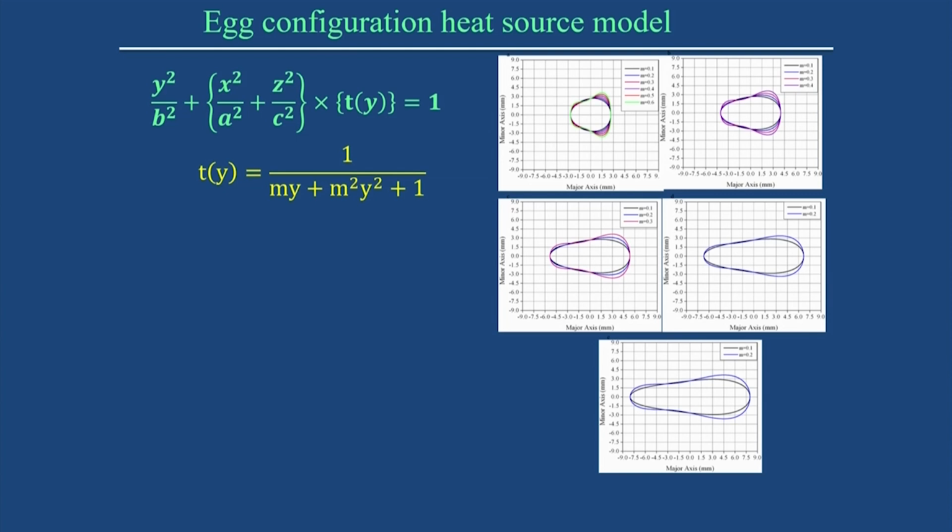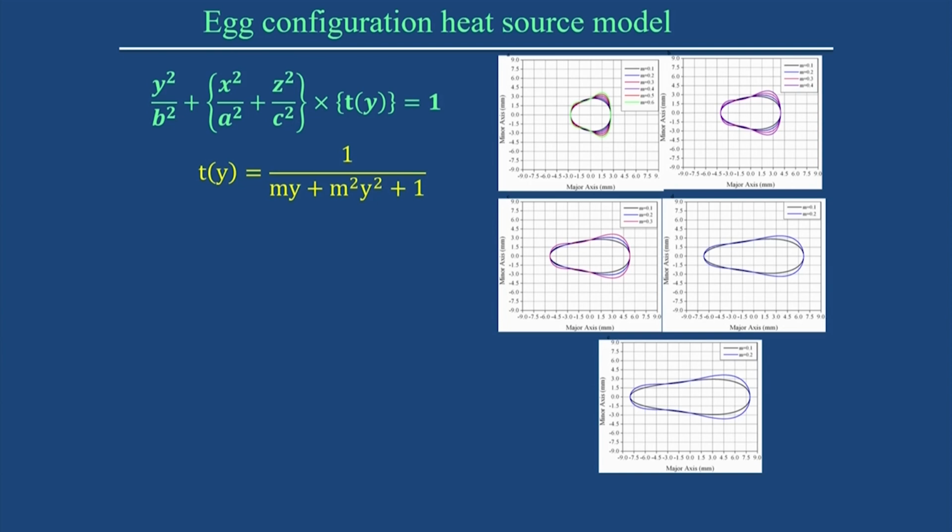If you see this figure, we change this parameter, because T(y) we consider as 1 by (m y plus m square y square plus 1). So, by simply changing the value of m we can generate different shapes.